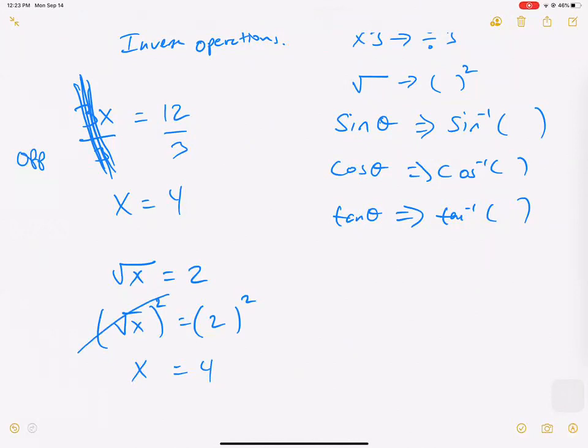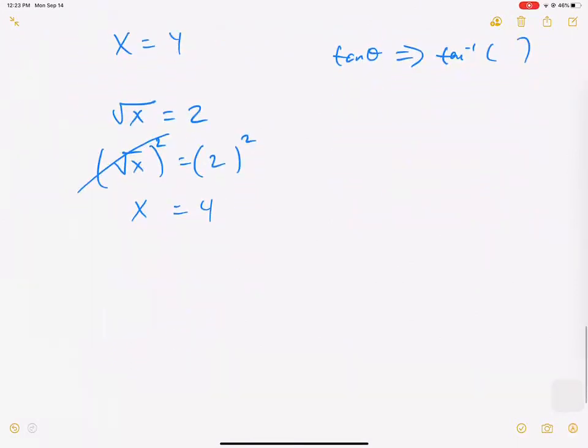Okay, the opposite. Now for us, sine of theta is equal to, let's say, 1. If I want to do this on a calculator, we have to somehow strip the sine away, so theta is alone.